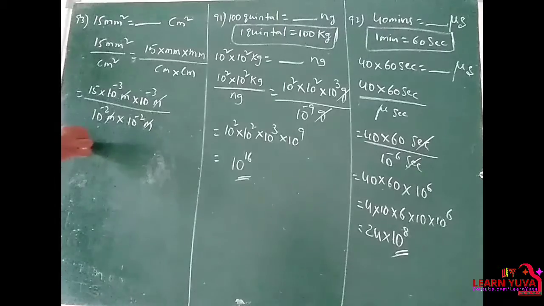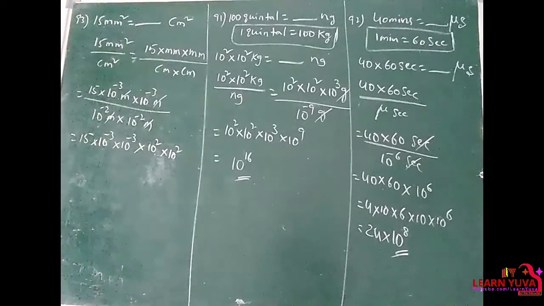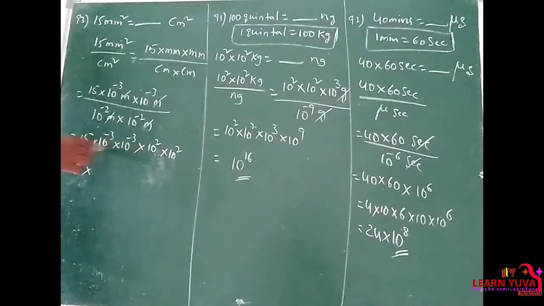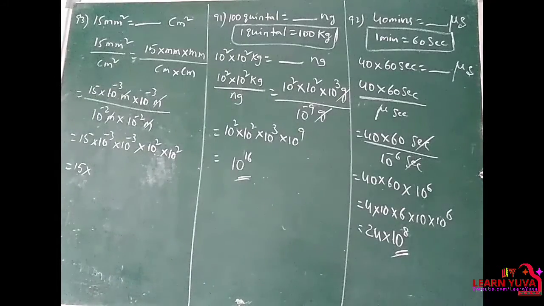Meter gets cancelled. So 15 into 10 power minus 3 into 10 power minus 3 into. Here when the bases are same, powers should be added, or else we can directly shift these to the numerators. So 10 power minus 2 becomes 10 power plus 2 and 10 power plus 2. Here we can add directly, or we can shift these to the numerators directly. That's our wish. So 15 into, when the bases are same, powers should be added. Minus 3 minus 3, minus 6, minus 6 plus 2, minus 4, plus 2, minus 2. So 15 into 10 power minus 2 centimeter square.